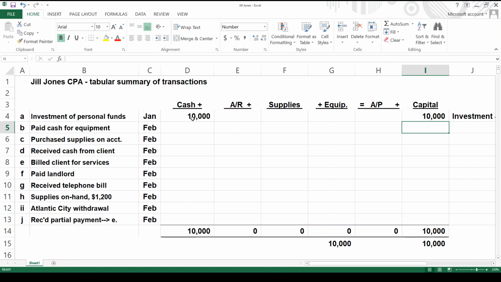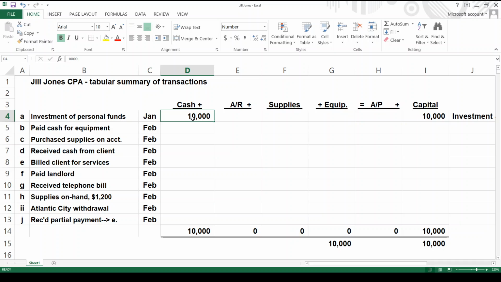And let's say that happened on January 31st for purposes of this problem. Once again, you take your own personal funds, you put them into the business. That's going to be an investment that's going to increase your capital. You could contribute other items. That's not going to happen in Accounting 1, but you could contribute other assets as well.